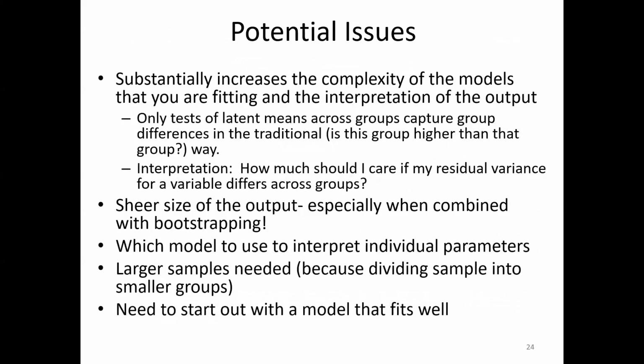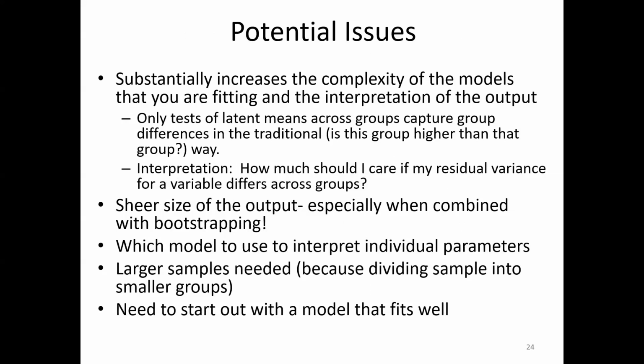Okay, so potential issues. Obviously, things are getting increasingly complex. We've got more output, more things to look at. The sheer size of the output can be a little bit overwhelming, especially if you combine it with bootstrapping, although you don't necessarily need to. For these measurement invariance models, there's no reason to do bootstrapping.